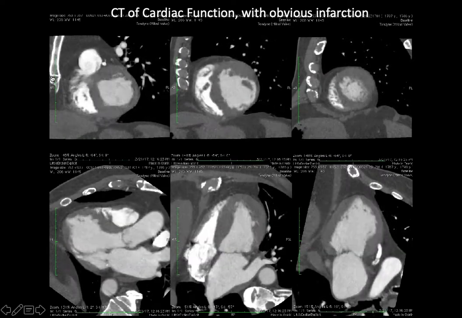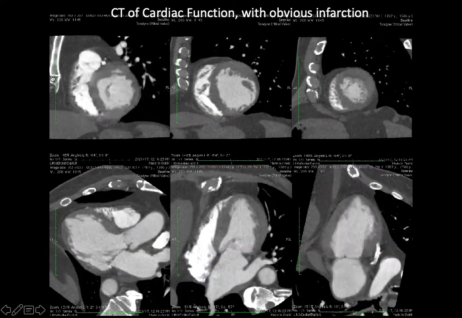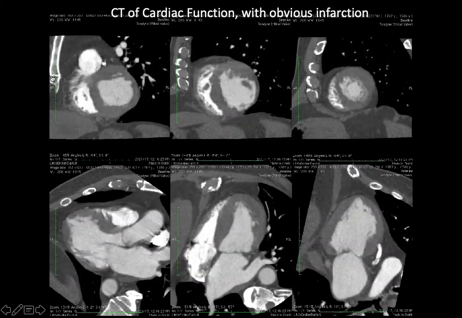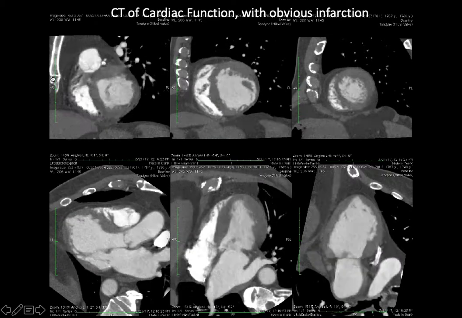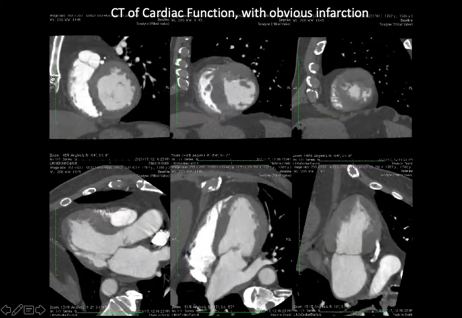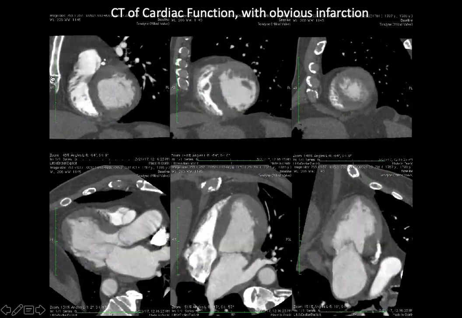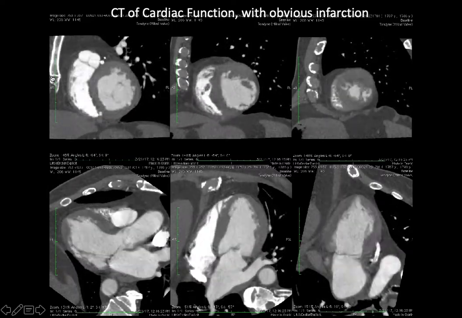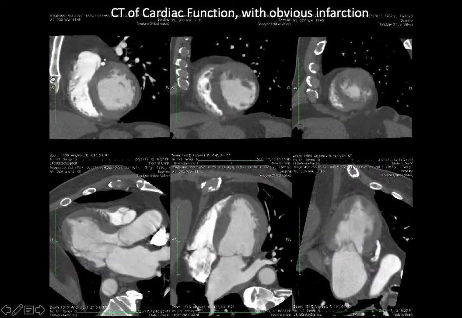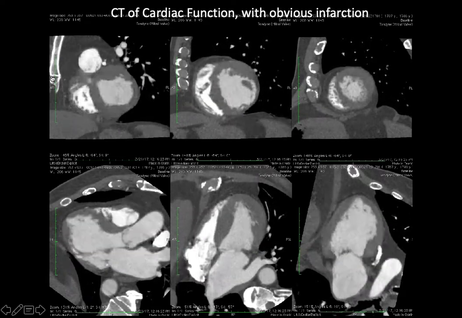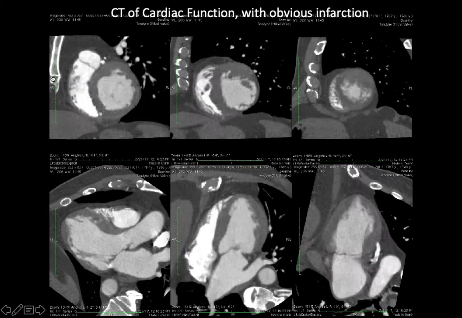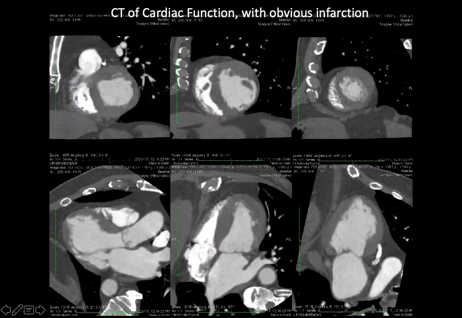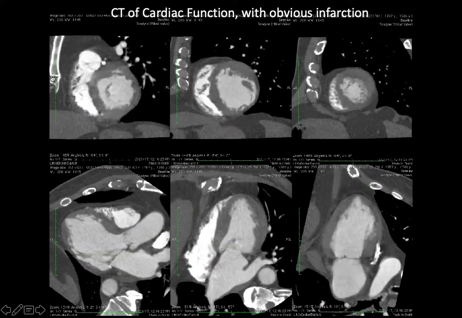Does this look good? Where's the other mouth? See it here?